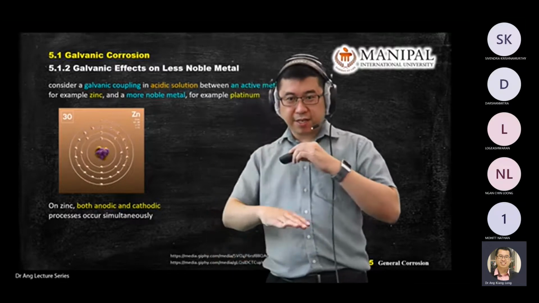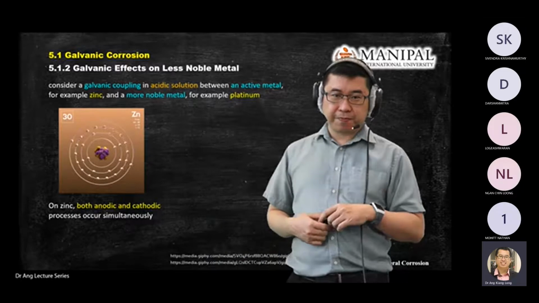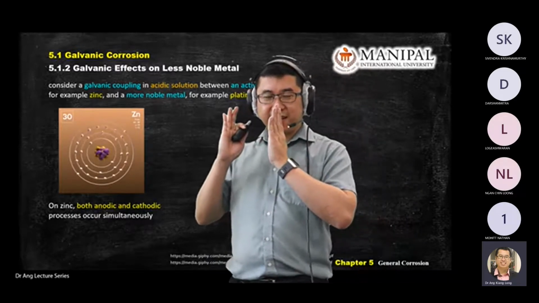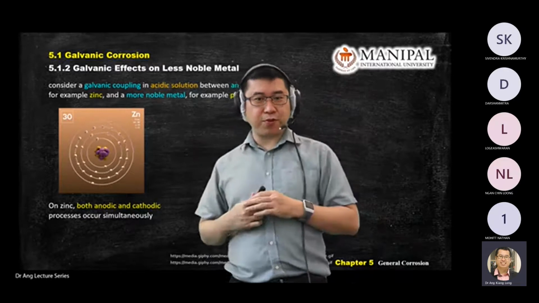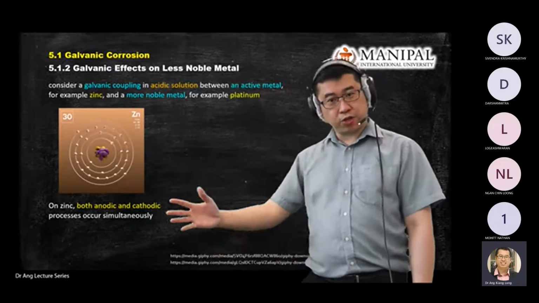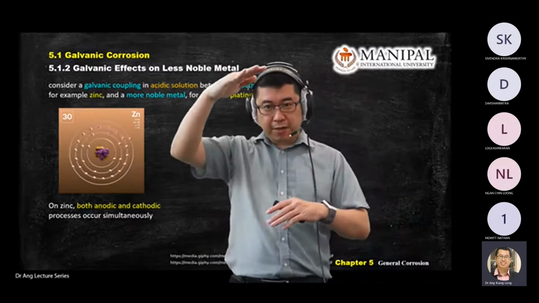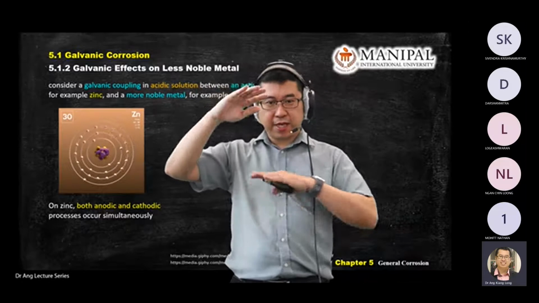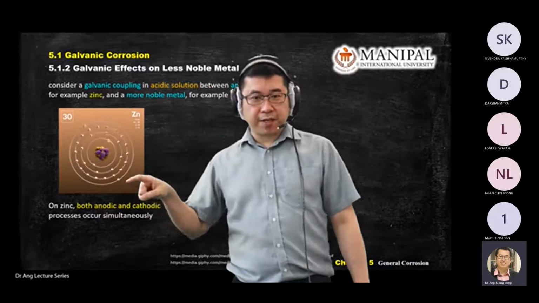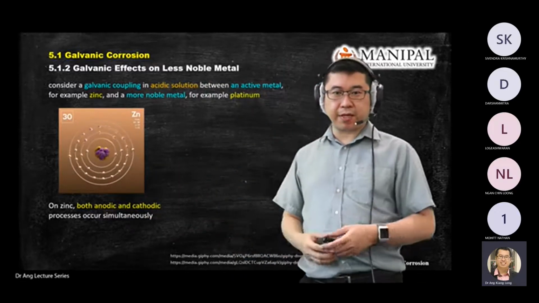Take note of that. This is an assumption before we derive the equation later. This is the perfect case that we assume when you combine platinum and zinc: at zinc, both anodic and cathodic processes happen at the same time.